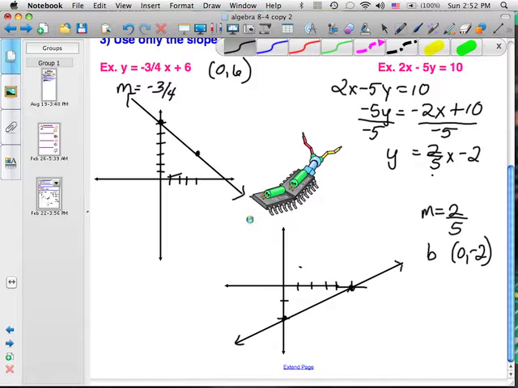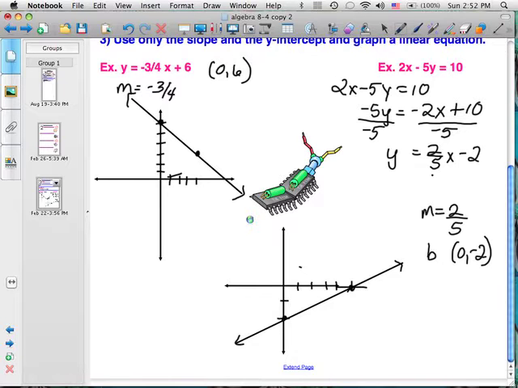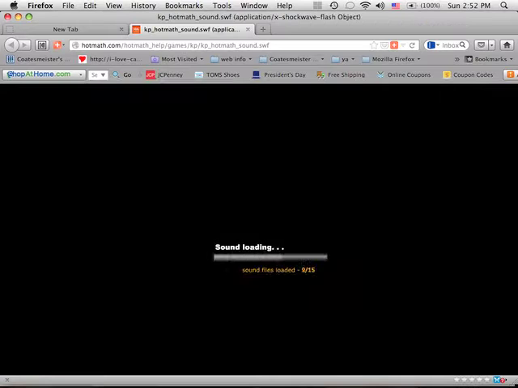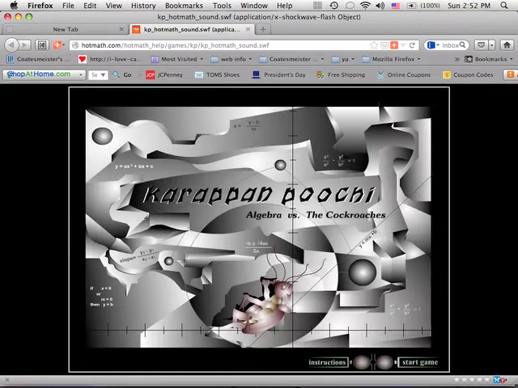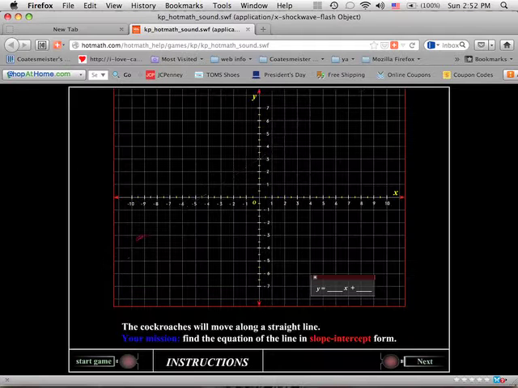On your web page for algebra, under aids or extra activities, there is a game called Cockroach. I'll show it to you right now. It's got a lot of levels that will help you go through slope. The instructions: cockroaches move along a straight line.